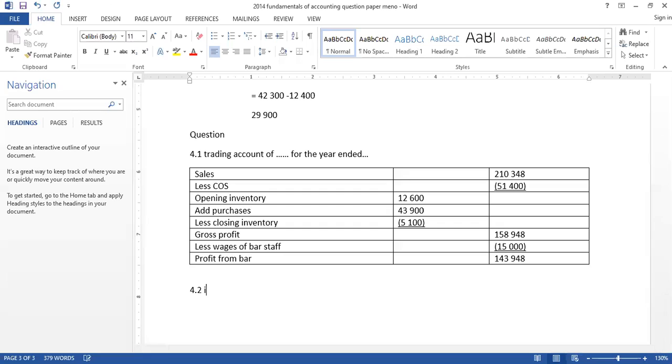Now this is the income and expenditure account of the name of the business for the year ended as well. Okay, and then we draw up our income and expenditure account.